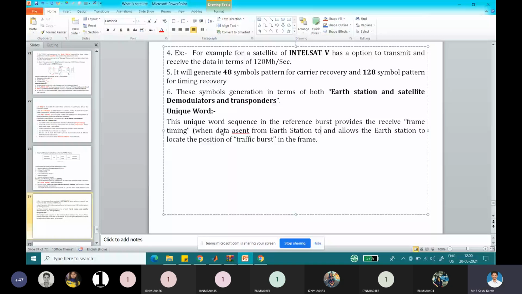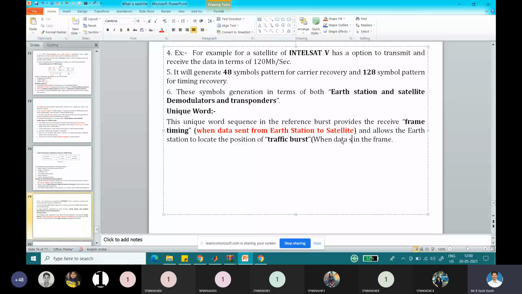It allows the earth station to locate the position of the traffic burst in the frame when data is sent from the satellite to the earth station.